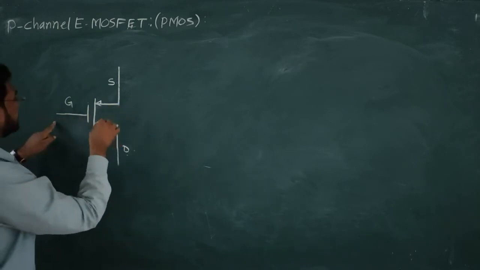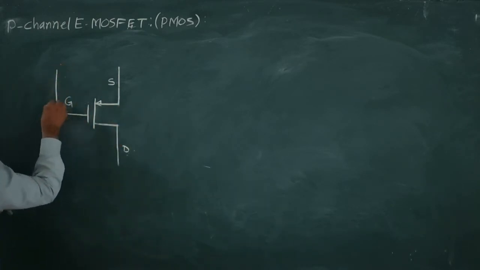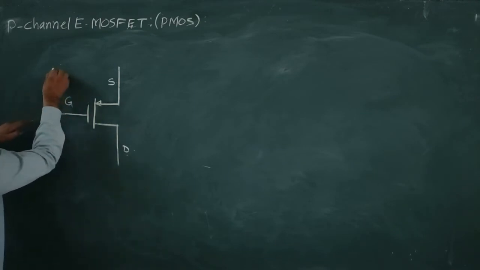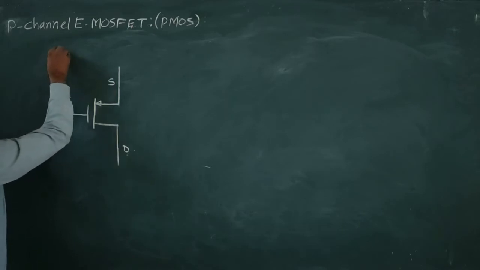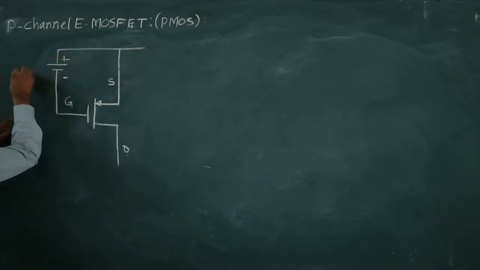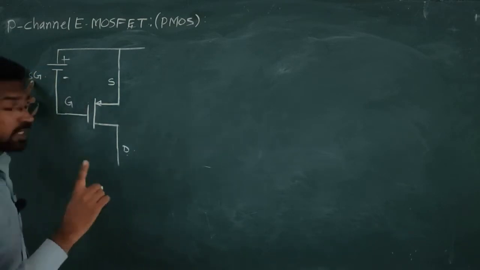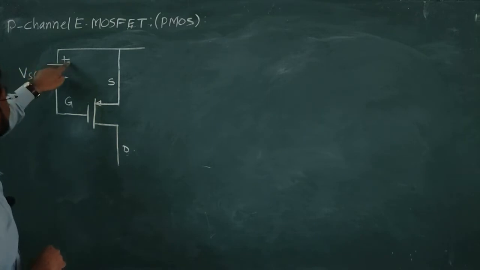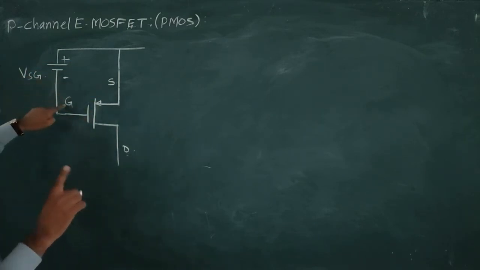Now, according to the previous diagram, we can show the DC biasing voltage. Gate is at negative potential and here it is at positive potential. So, this voltage is VSG. Why is VSG notation used? Because the higher potential is connected to the source and the negative terminal is connected to the gate.